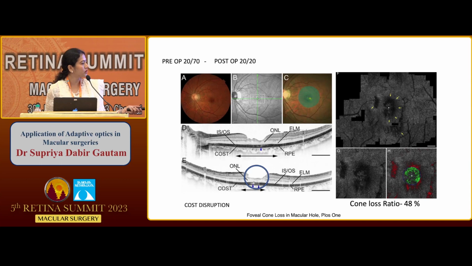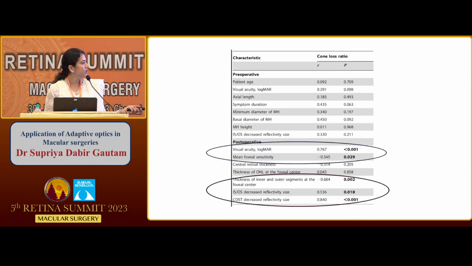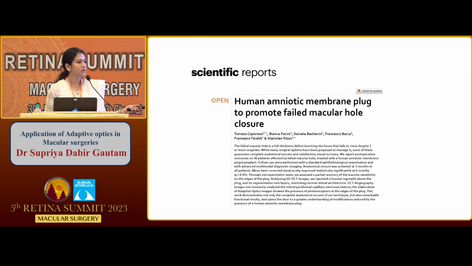There was more cone loss ratio, and even those in whom the hole closed but cone outer segment disruption was seen also had a cone loss ratio. So they gave some prognostic factors, saying that the decreased reflectance ones had more dark areas, and this could also help in prognosticating our patients.